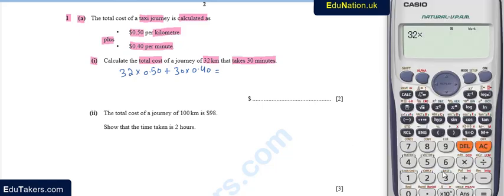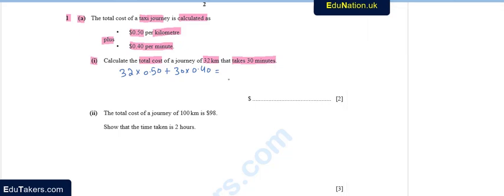So 32 multiplied by 0.50 plus 30 times 0.40, which is 28. So the total cost for this ride is $28.